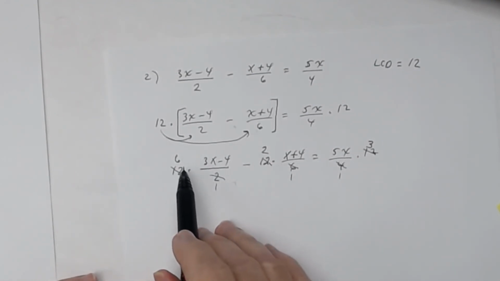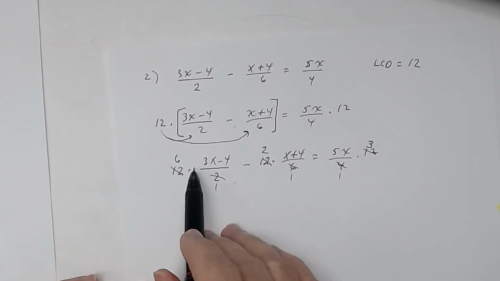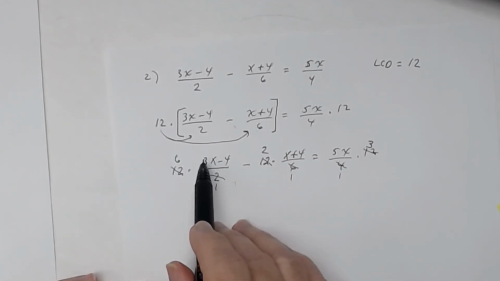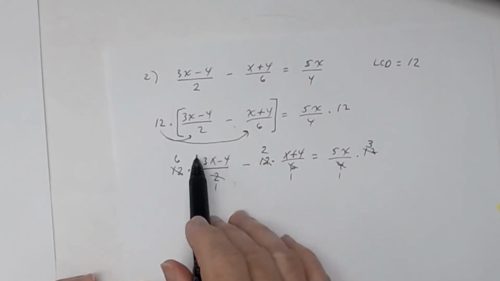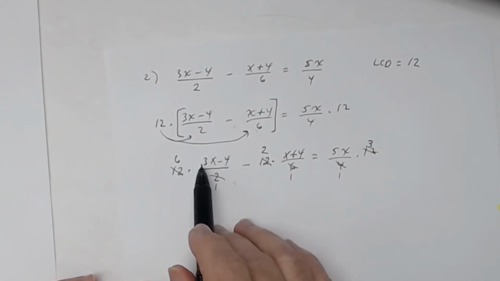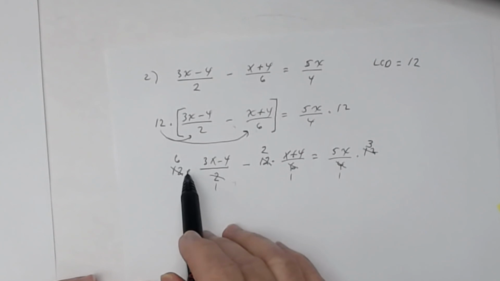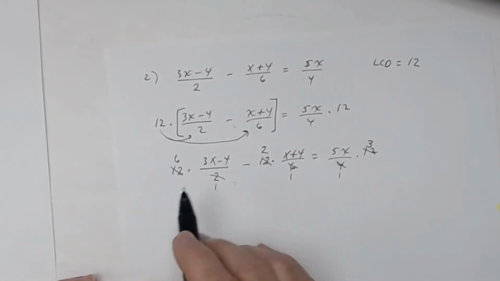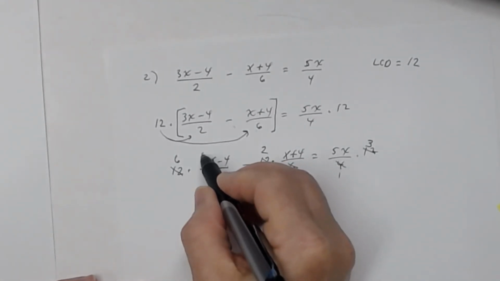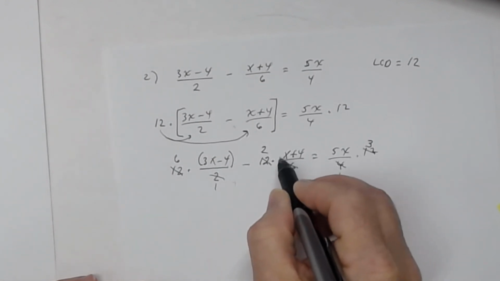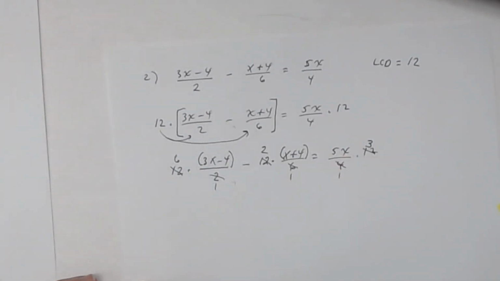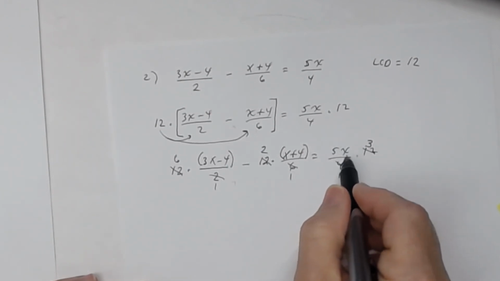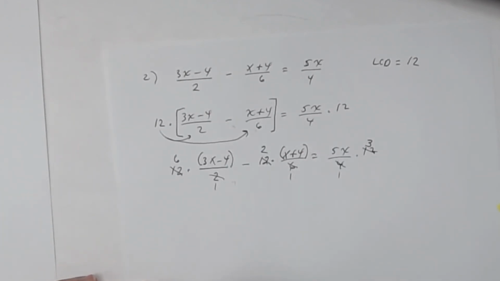They're going to say 6 times 3x is 18x, which it is, but they forget that every term in this numerator has to be multiplied by 6. So what I would do is enclose the numerator, which has more than one term, inside parentheses. I'm not going to do that here because that's a monomial, so I'm going to leave that alone.